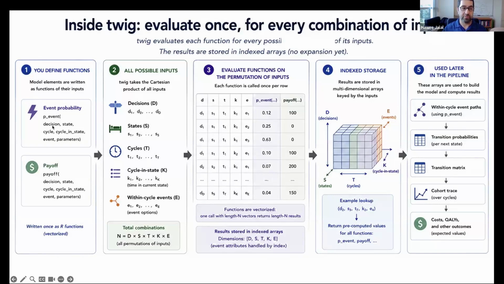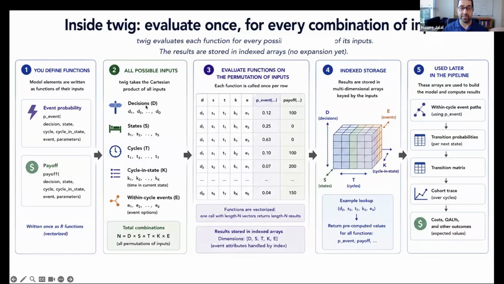Each one of them could be a function of the decision, the state, the cycle and state, the prior events, and the model parameters. Then you evaluate these functions for the exhaustive combination of all the permutations of their input parameters.